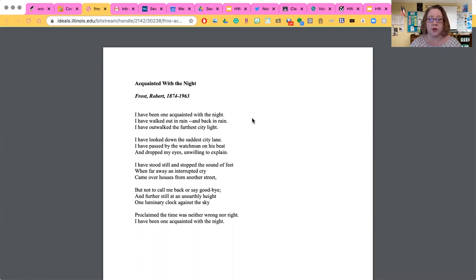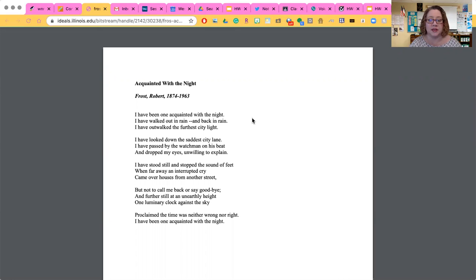I have been one acquainted with the night. I have walked out in rain and back in rain. I have outwalked the furthest city light. I have looked down the coldest city lane, the saddest city lane. I have passed by the watchman on his beat and dropped my eyes, unwilling to explain.